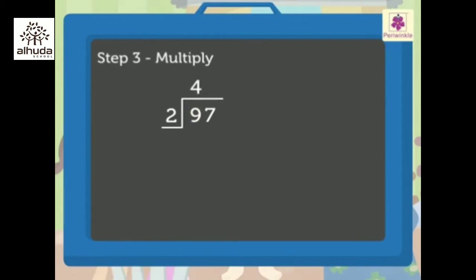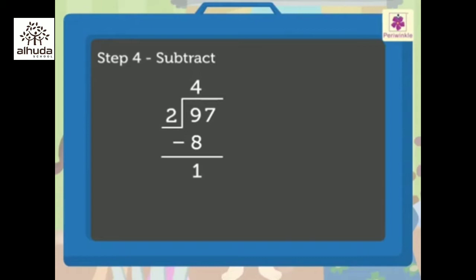Step 3 is to multiply 4 by 2. As we know, 4 into 2 is equal to 8. We write the number 8 in the tens column under 9. Step 4 is to subtract 8 from 9, which is equal to 1.